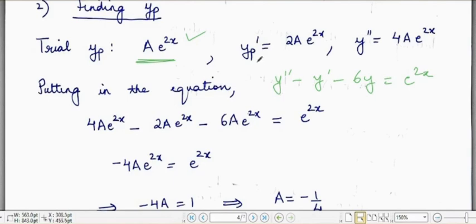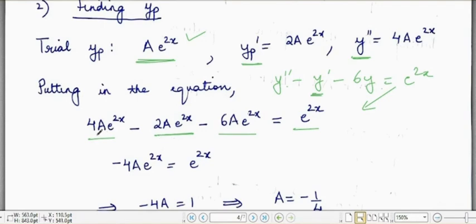If it satisfies, the second order derivative, when you put it here, y double dash's value will be 4a e to power 2x, so you put it here, minus y dash is minus 2a e to power 2x, and then minus 6y. 6y is this, so it should satisfy the differential equation. I've just substituted your guess yp here in the given equation. If it is a solution, it should satisfy, and we have just substituted in the given differential equation.